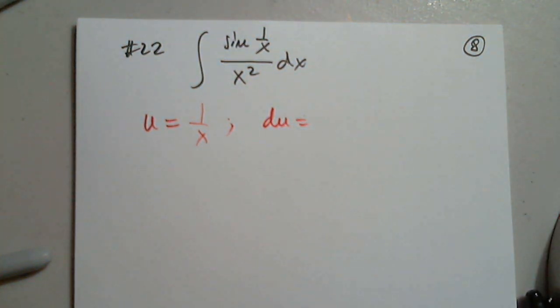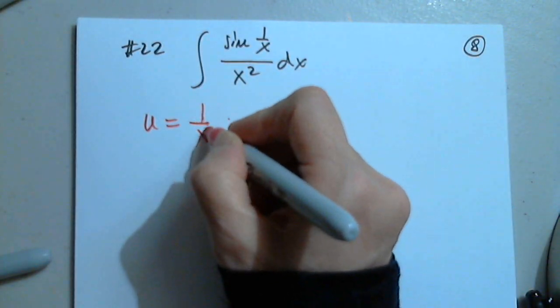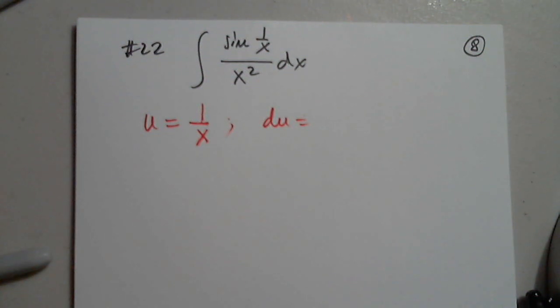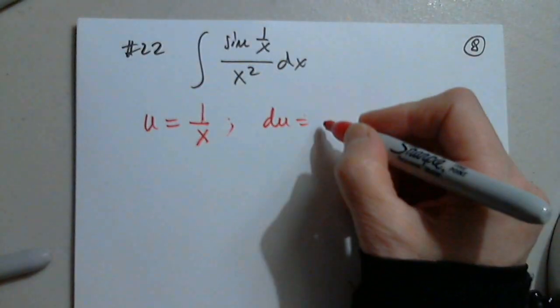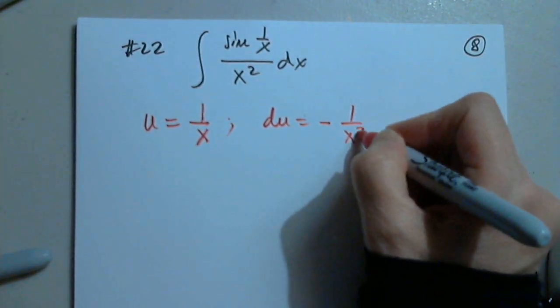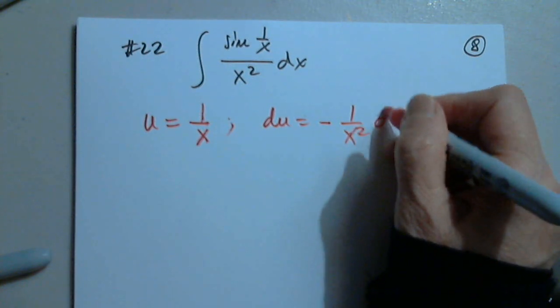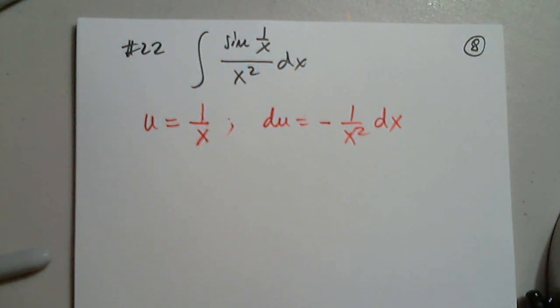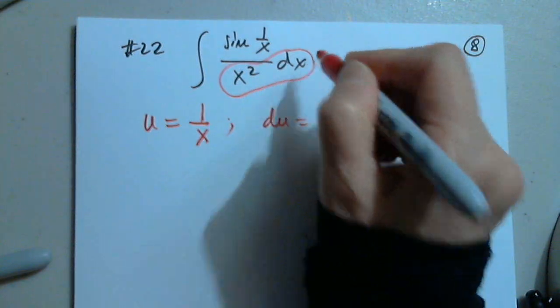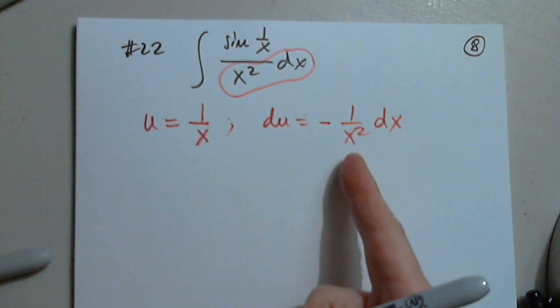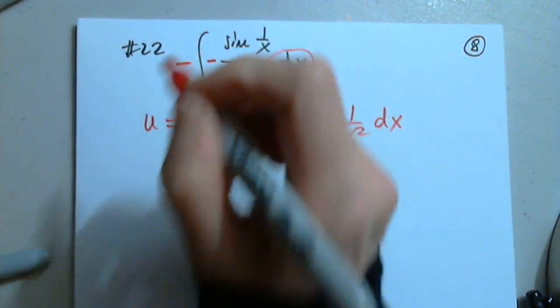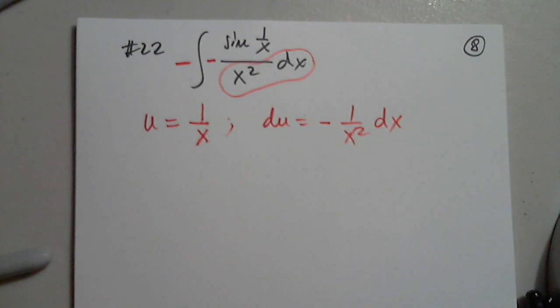So what will be du? du would be negative 1 over x squared times dx. Perfect. Here it is. dx over x squared is missing a tiny little adjustment.